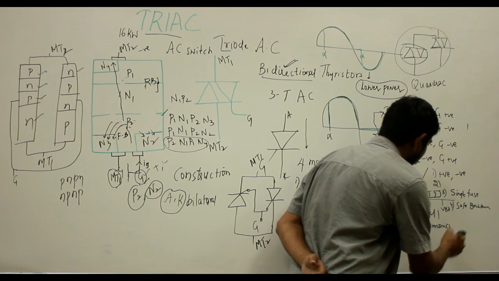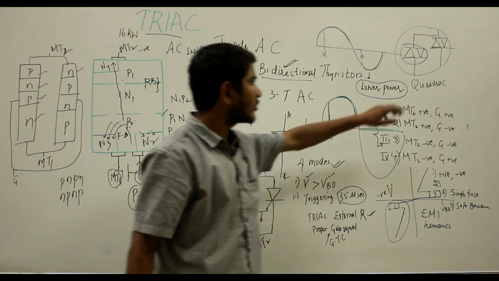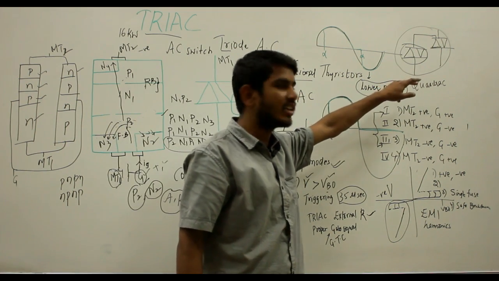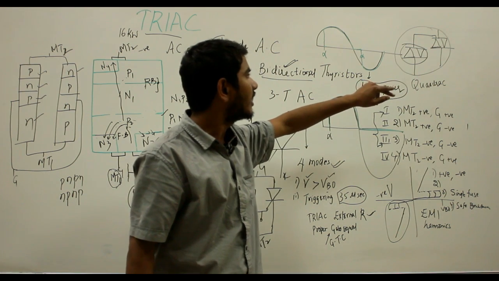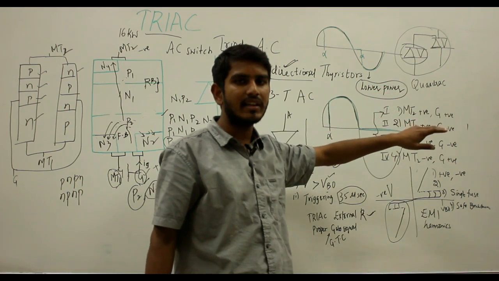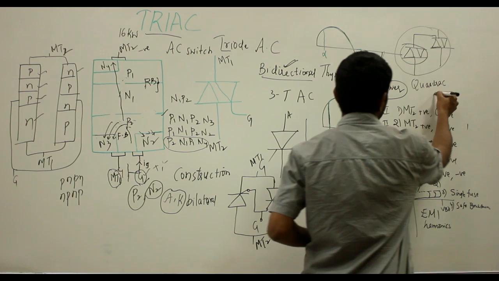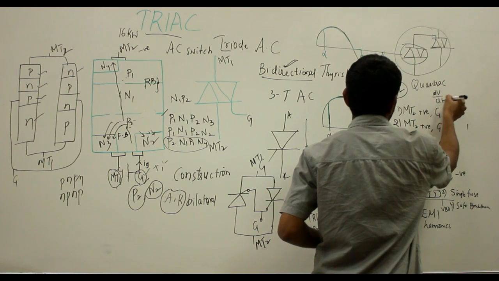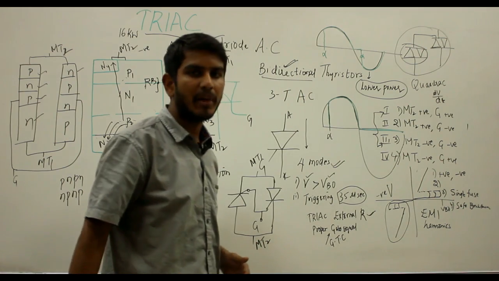And the other disadvantages are, we should be extremely careful with the gate signal, because it can be triggered with the positive gate signal as well as negative gate signal, and these triac circuits are less reliable compared to the SCR, and these have low dV by dt ratings, and the power ratings of your triac are also less compared to the SCR.